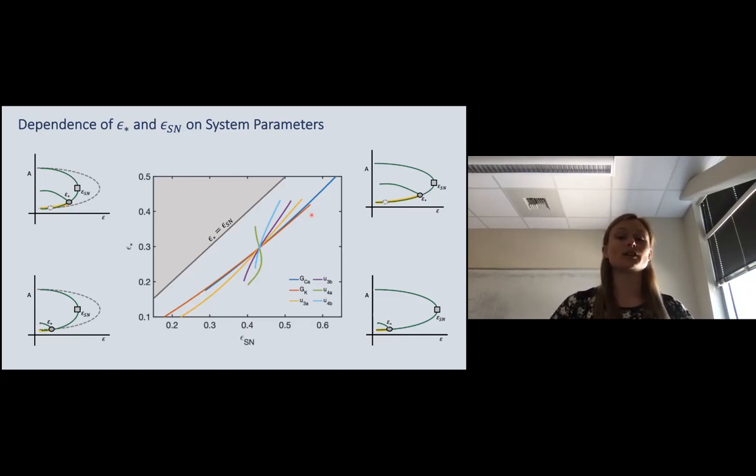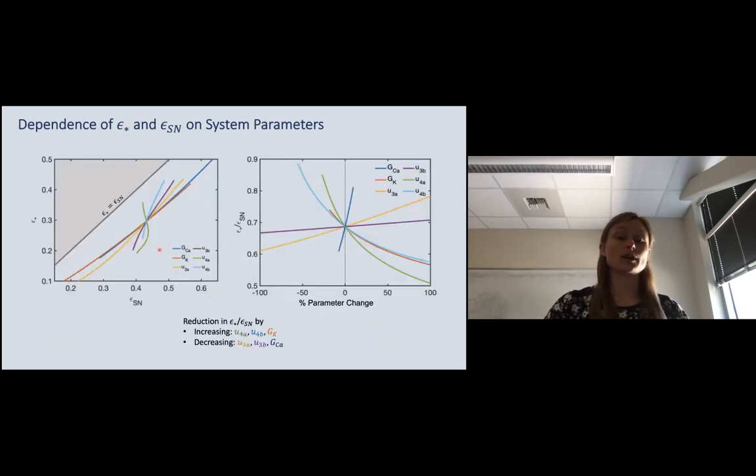So it's a bit unclear to us, particularly for these variables, if the influence on epsilon star is actually directly caused by these variables, or if it's more of an indirect effect because the saddle node bifurcation is changing so much to begin with. But those parameters that control the shift in the scale of that potassium channel seem to have more influence on epsilon star than on epsilon saddle node.